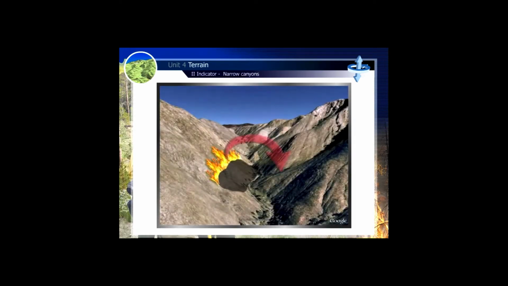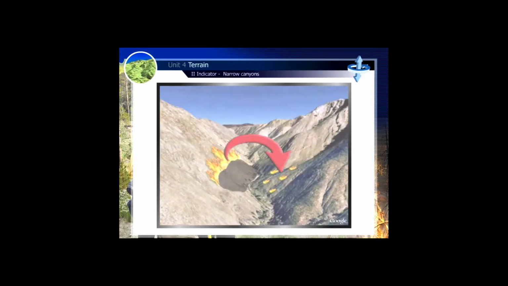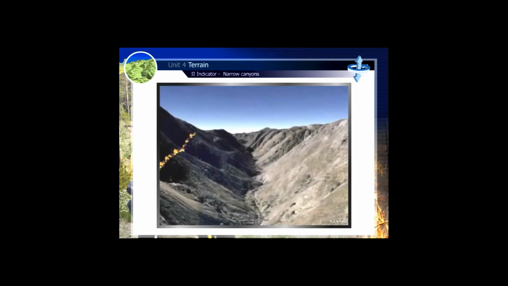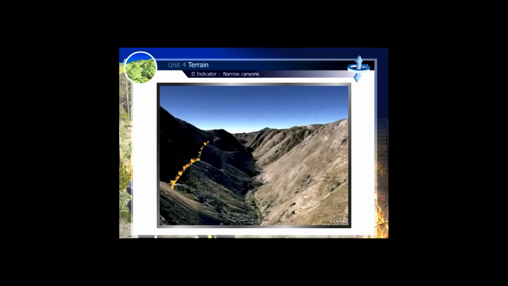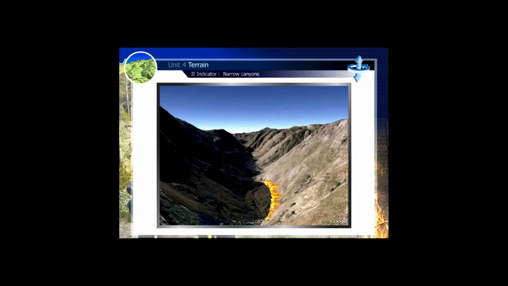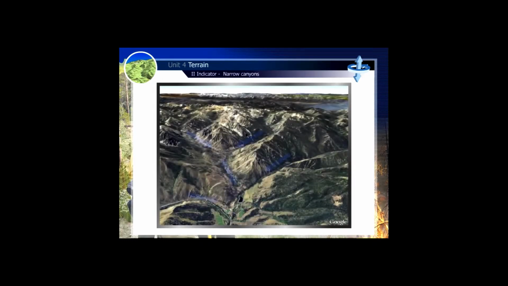Radiant and convective spotting in narrow canyons can produce multiple spot fires over short distances. A slope reversal in a narrow canyon can occur when a fire that is backing downhill reaches the opposite slope and has a rapid upslope run. Wind eddies in intersecting drainages or forks in narrow canyons can cause very erratic fire behavior.